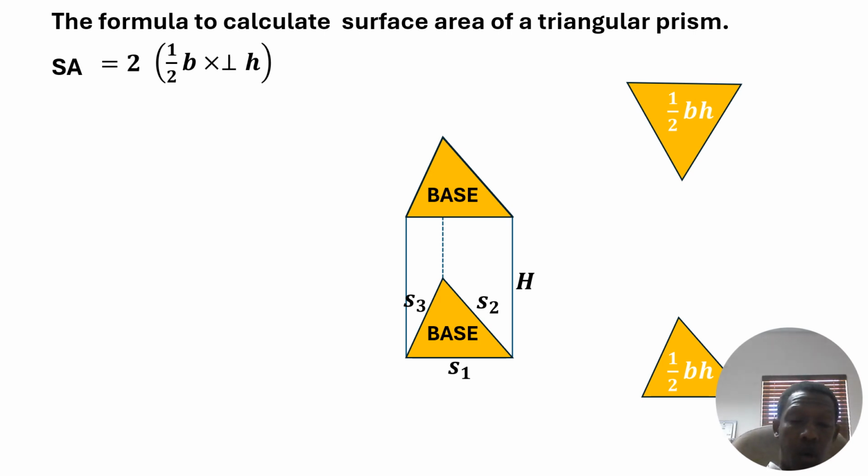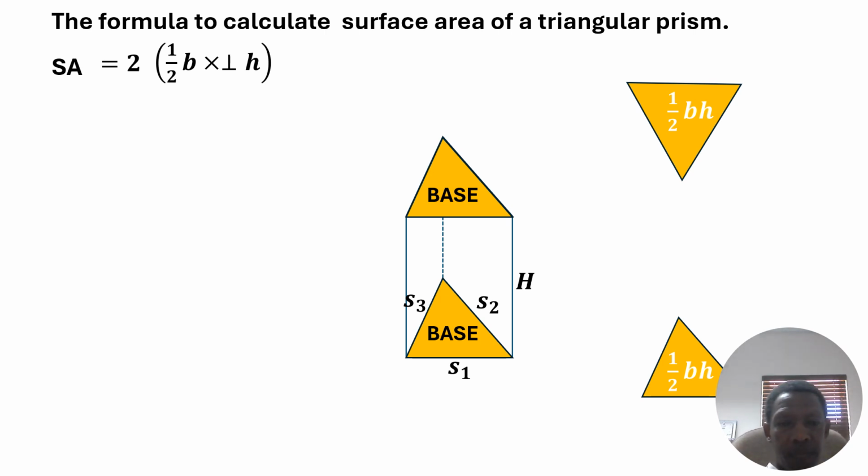Right, so we have two faces that are identical, so the areas of these two faces are equal. That is why we will be calculating 2 times the area of a triangle, because we have two identical triangles.